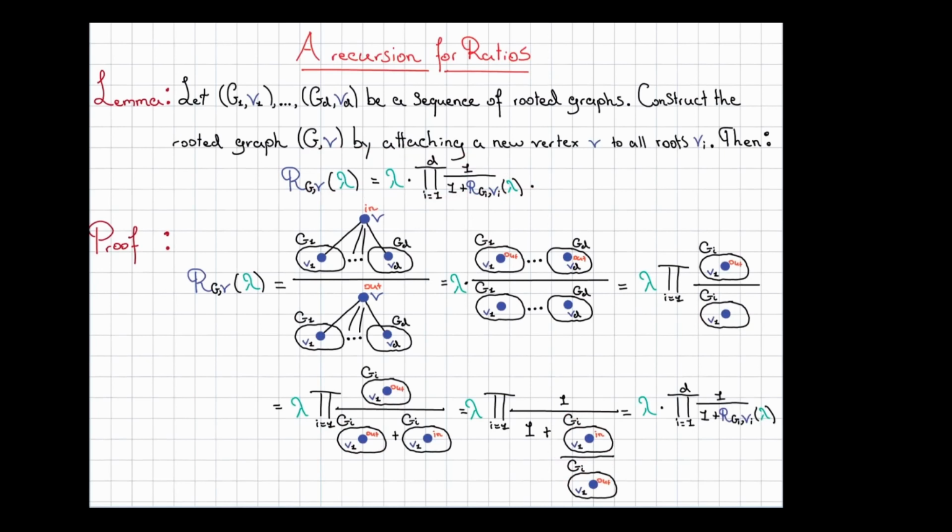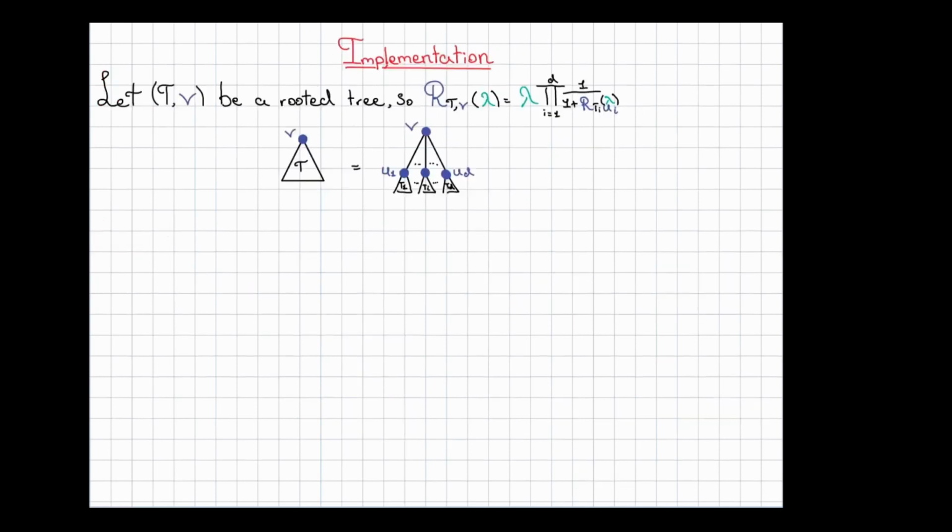So this is proved by pictures that this relation really does hold, this recursive relation to construct ratios corresponding to these graph constructions. So what will I look at now? Well, let's say I have some tree. A tree graph is just a graph that doesn't have any cycle.